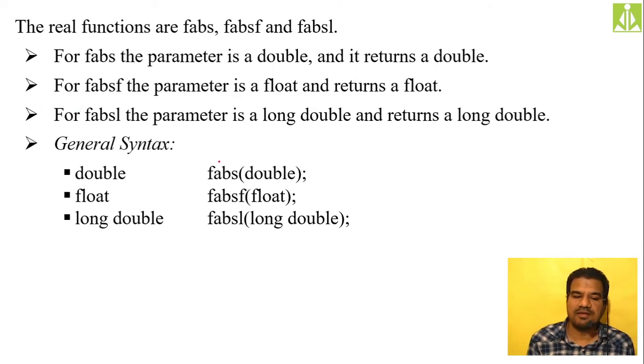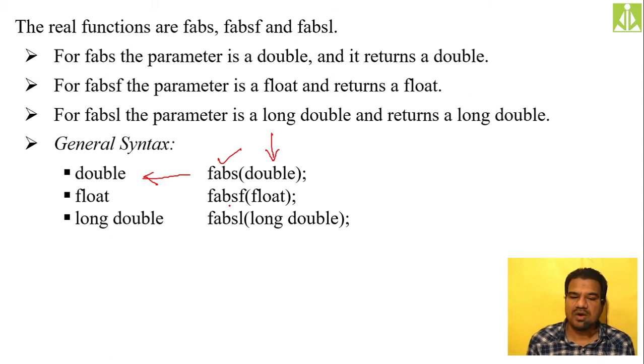Here you can see FABS is my function name, which takes a double value as an input and returns a double value as an output. So if you are finding the absolute value of a double number, simply go for FABS. Similarly, if you want to find the absolute value of a float number, go for FABSF, suffixed with f as well.